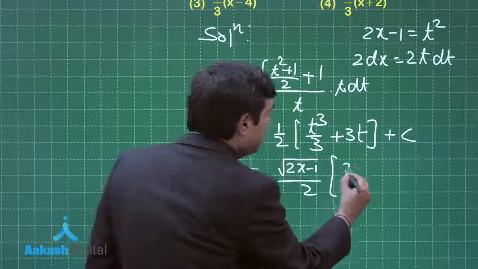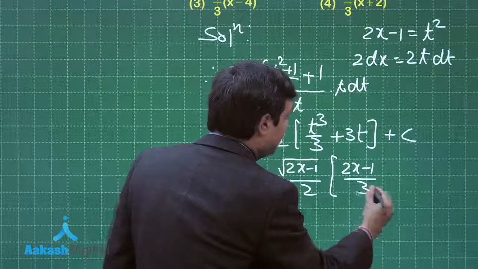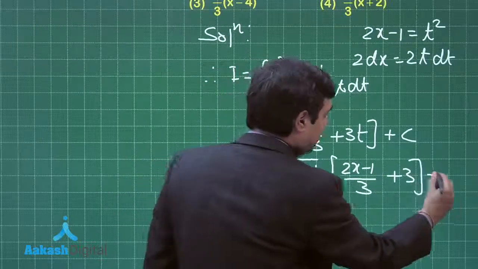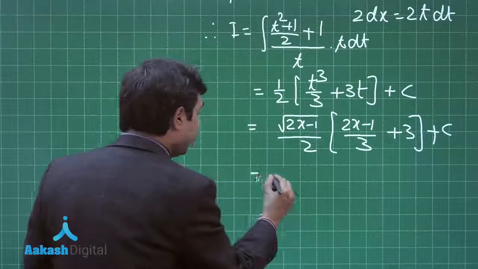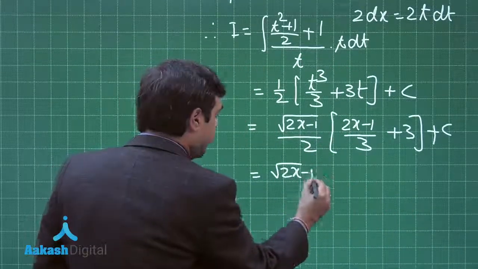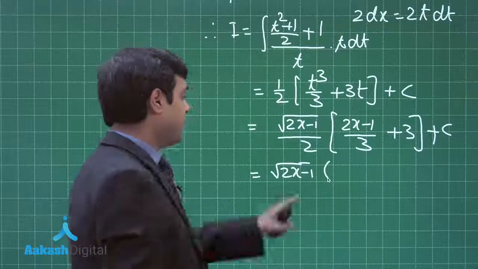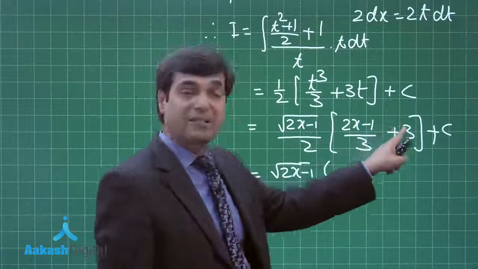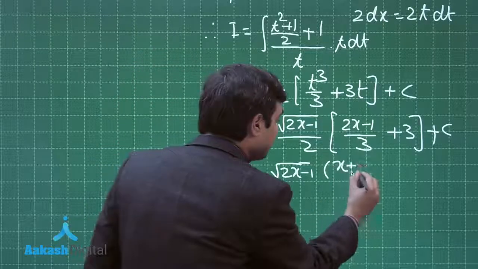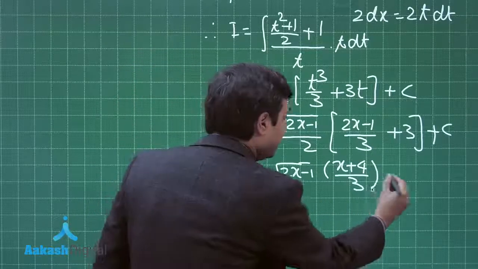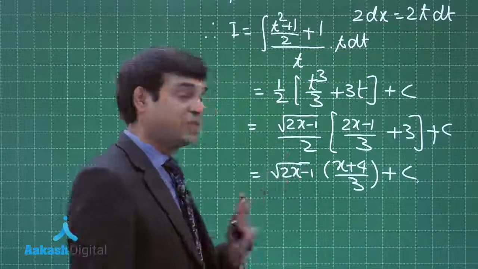So right here (2x minus 1) by 3 plus 3 inside. Correct. We can take LCM of this term to make it root 2x minus 1 multiplied with (2x minus 1 plus 9), that is 2x plus 8. 2 taken common, we are left with (x plus 4) upon 3 plus constant of integration as 2 is cancelled.